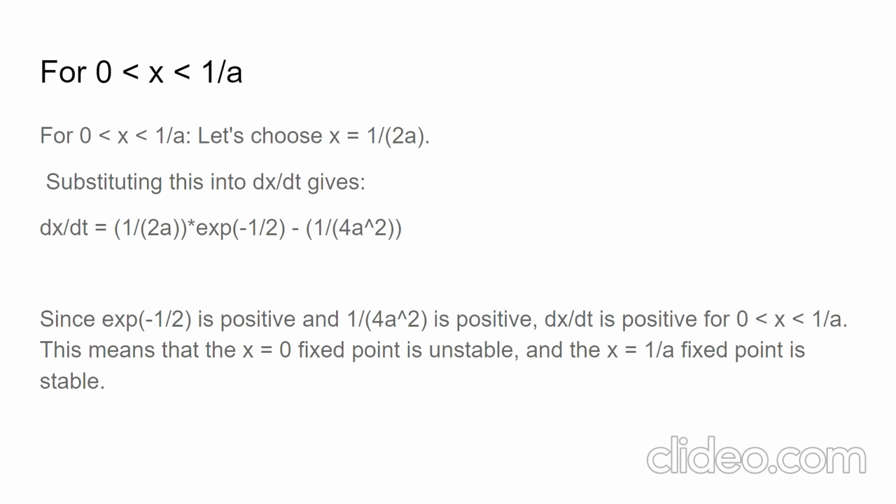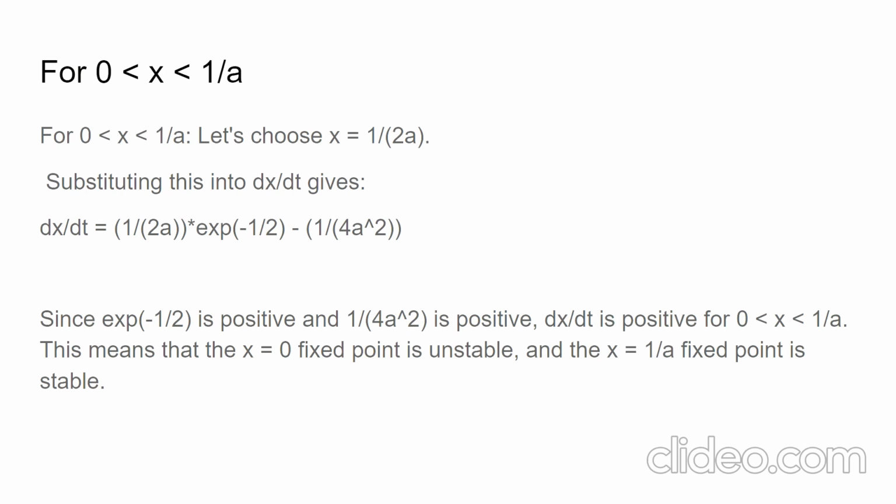Now, since e to the power of -1/2 is positive, and 1 over 4a squared is also positive, we find that our derivative dx/dt is also positive for x greater than 0 and less than 1 over a. Now this means that the x equals 0 fixed point is unstable here, but the x equals 1 over a fixed point is stable.